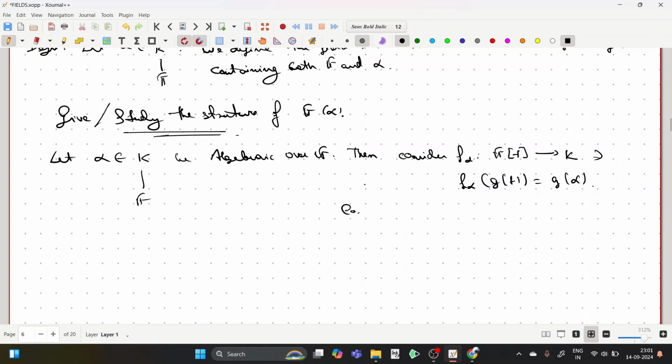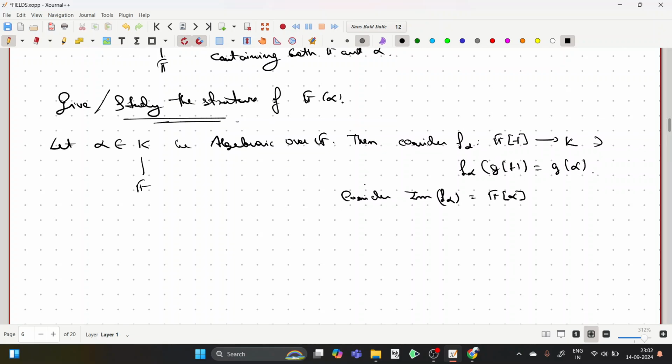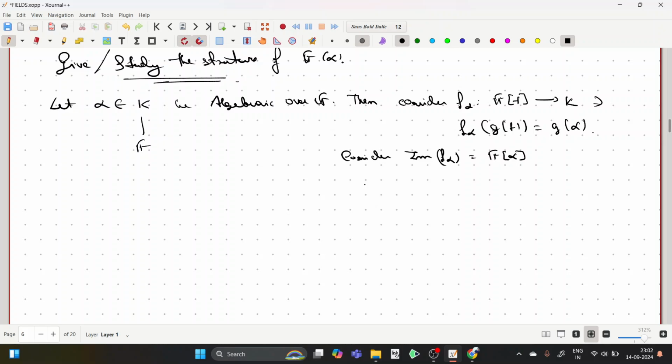What we do is consider the image set of this map phi alpha to be just F square bracket alpha. And what is the logic behind such a notation? See, if g is an element of F[t], then I can write g(t) as, say, a0 plus a1 x and so on till an x to the power n.